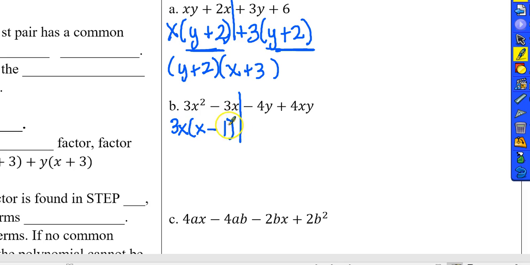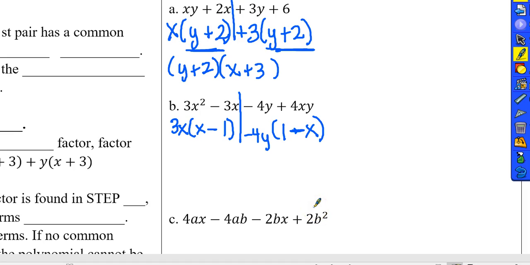In the back, so you want to say positive 4y? You sure you want to say positive 4y? You want to do negative? Okay, I'll back that up. So negative 4y times 1. Nope, negative times negative x.